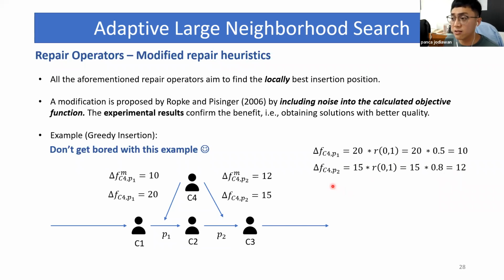So based on this modified greedy insertion, you will not choose this one anymore. You will choose instead position one, okay? And that's the answer. You will insert the C4 not in P2, but in P1. That's the result of considering the noise in the objective value.